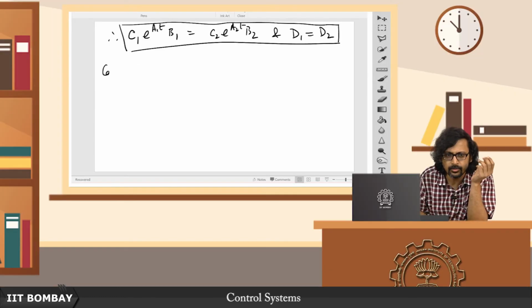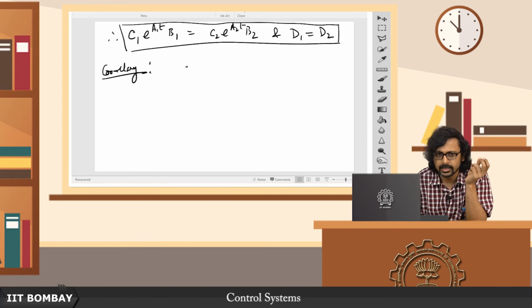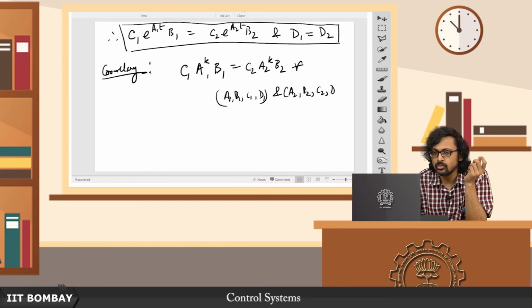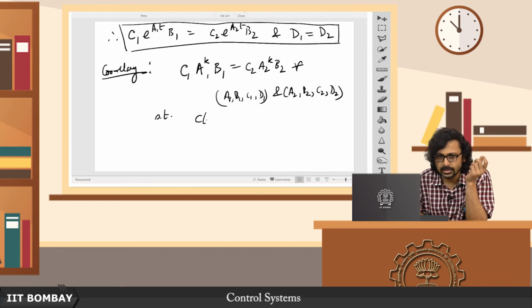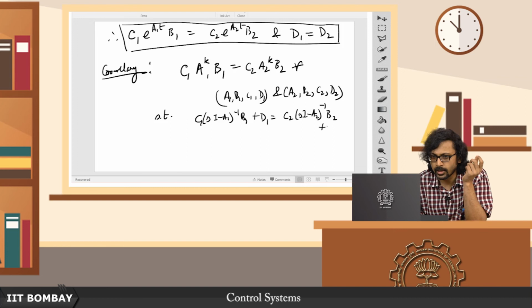And as a corollary to this result, what we then have is that C1 a1 to the power k b1 is equal to C2 a2 to the power k b2, for all a1, b1, c1, d1 and a2, b2, c2, d2 such that C1 (sI minus A1) inverse B1 plus D1 is equal to C2 (sI minus A2) inverse B2 plus D2.